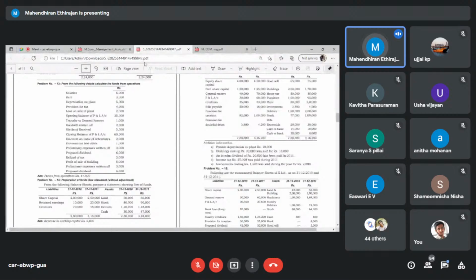Do it yourself. 60,000 is not the net profit. See, one second, I will tell you. Closing balance of the P&L account.